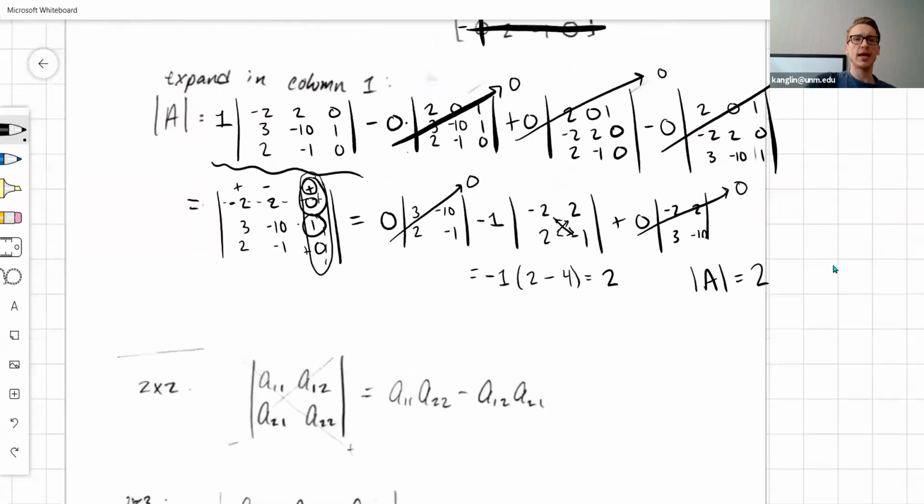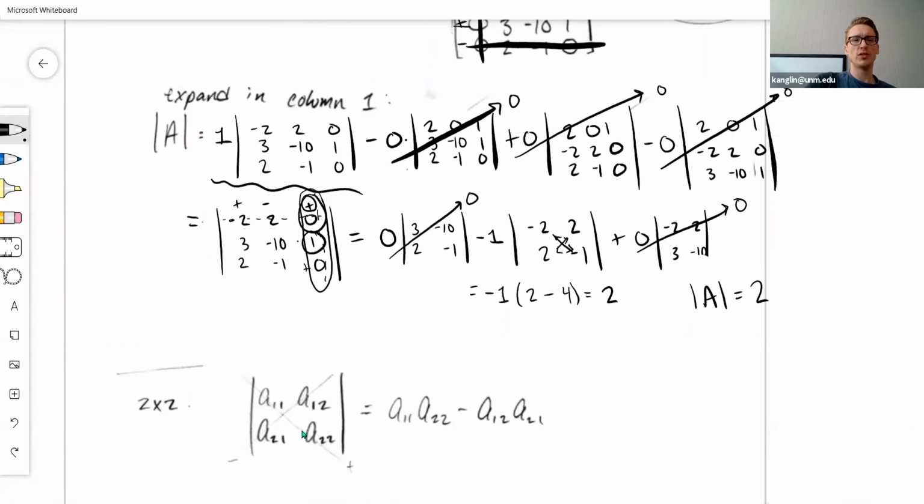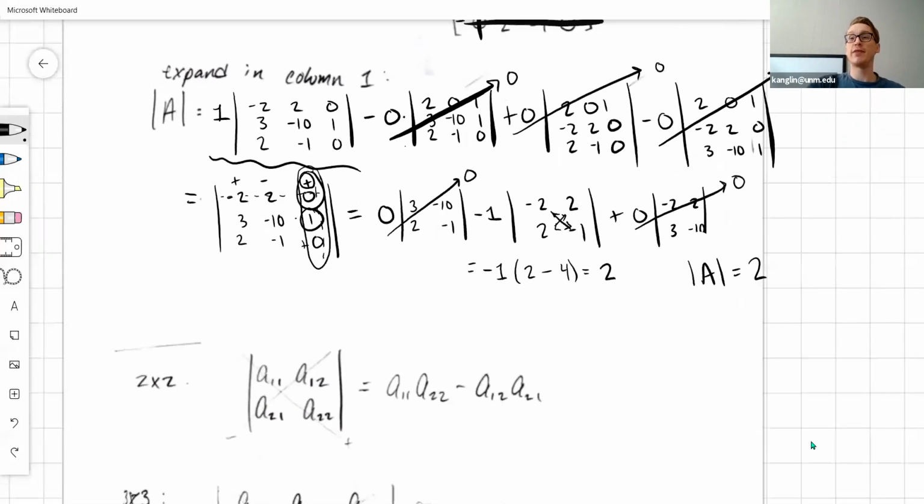Notice we already said that in the case of a 2x2 matrix, A11, A12, A21, A22, we could multiply along the main diagonal and subtract the product along the off diagonal. A11, A22 minus A12, A21.